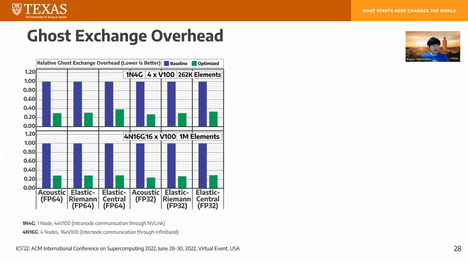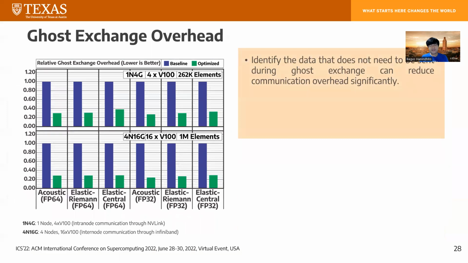Now we have also reduced the amount of Ghost Exchange data that needs to be sent. So by identifying the data that does not need to be sent during Ghost Exchange, we can reduce the communication overhead significantly.